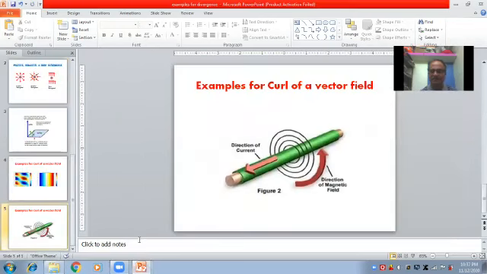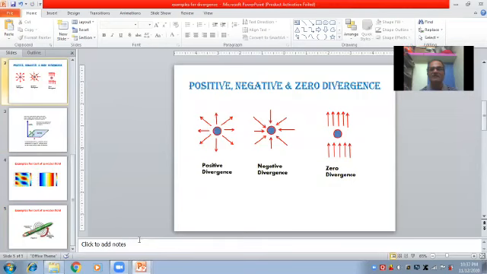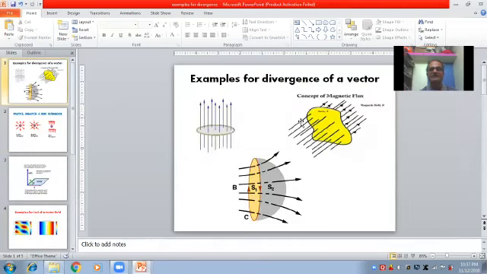For that, I will show one diagram here, just to show what is the meaning of flux. You can see here, these are the flux lines coming out of a surface or coming out of some volume.